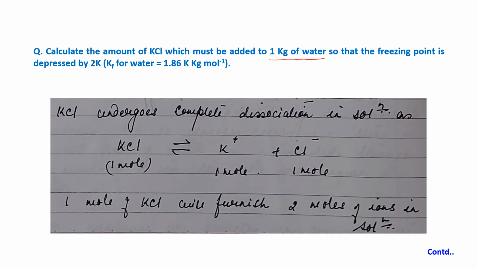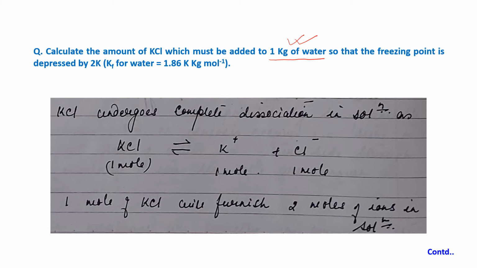Calculate the amount of KCl which must be added to 1 kg of water, so that the freezing point is depressed by 2 Kelvin, and the freezing point constant Kf for water is equal to 1.86 Kelvin kg mole minus 1.